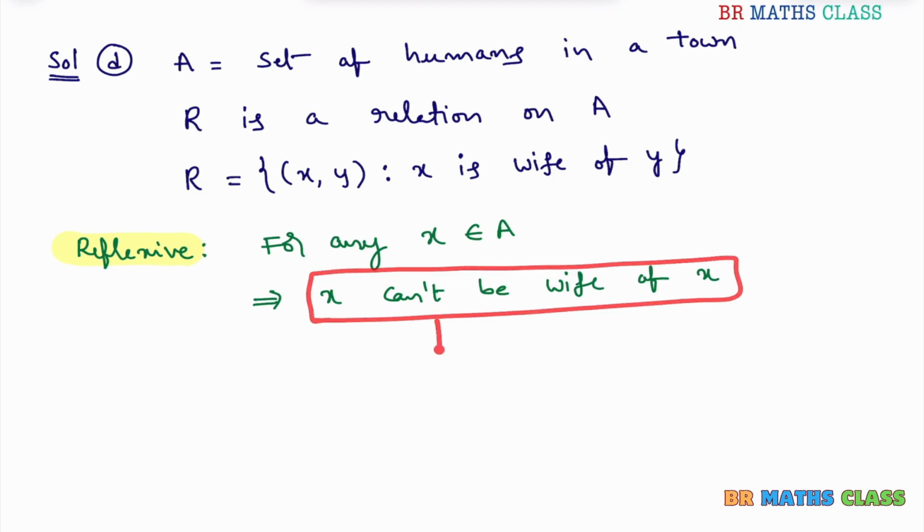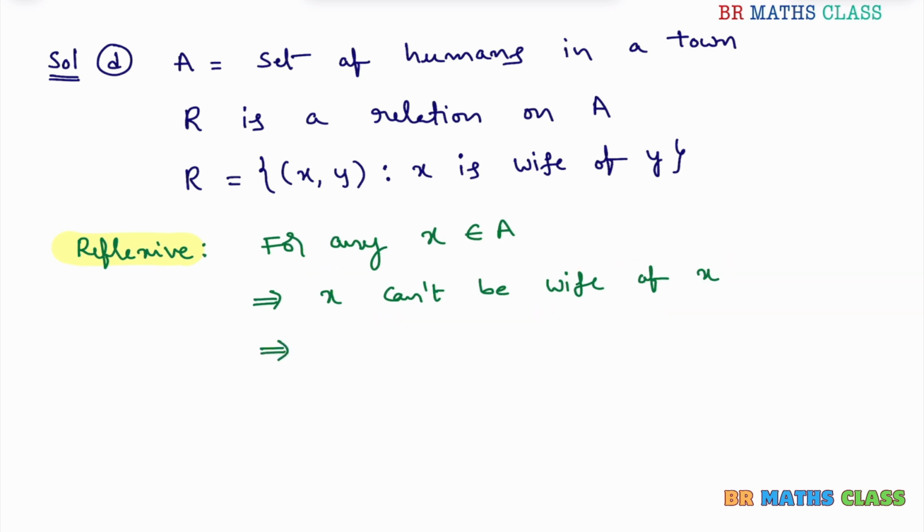If x is a wife of x, then only the order pair x comma x belongs to the relation. Here x cannot be wife of x, so we will write that the order pair x comma x does not belong to the relation. Therefore, the relation R is not reflexive.